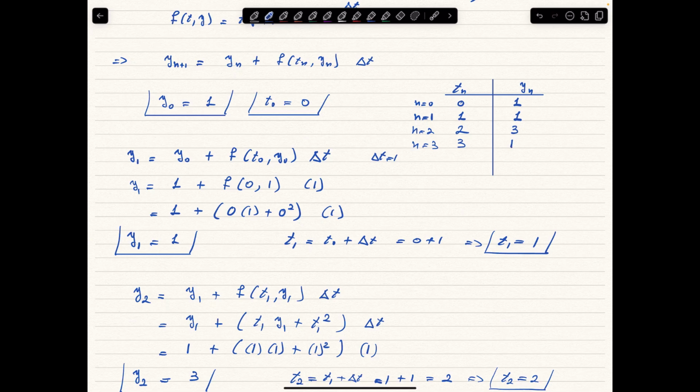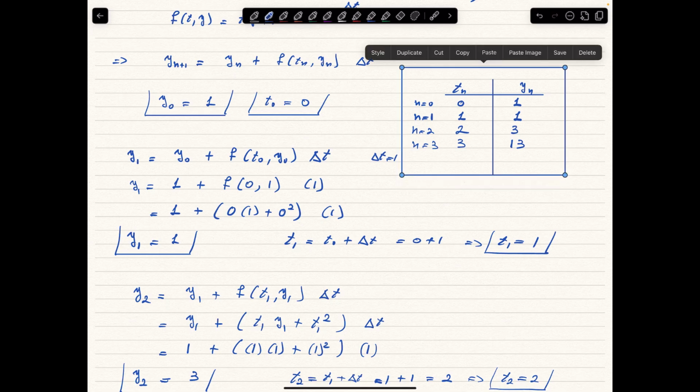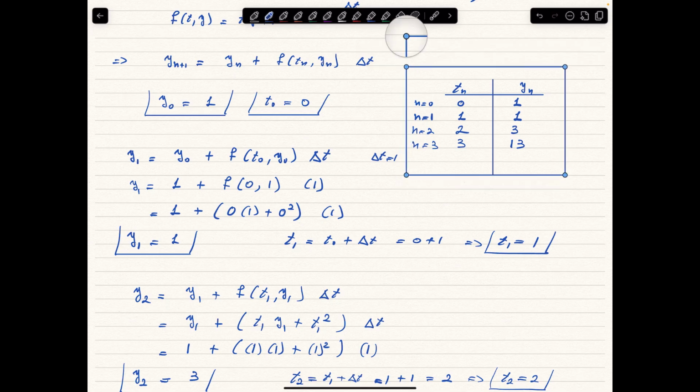So we have 3 here, and we got 13 over here. And that is the first 4 elements, so from 0 to 3 elements in the approximation, the Euler approximation for n equal 3.